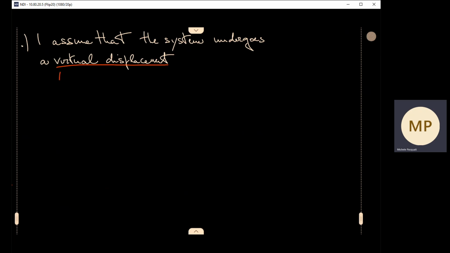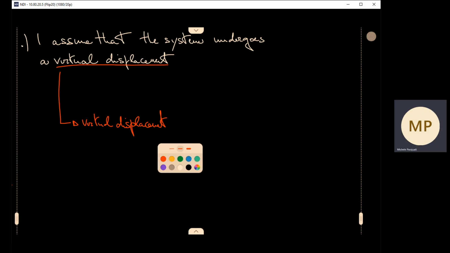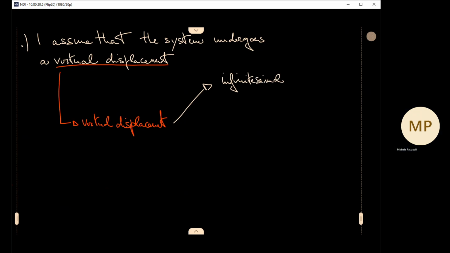What does it mean? The virtual displacement is a displacement which is infinitesimal and which is compliant with the constraints, meaning that I am considering as a virtual displacement a displacement field which I superpose over my system, which is infinitesimally small and compliant with the constraint.